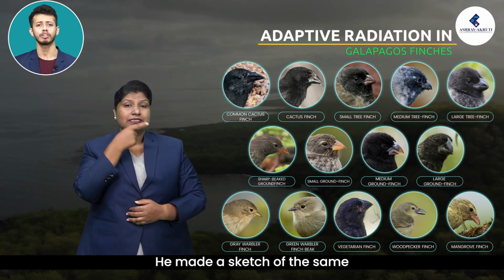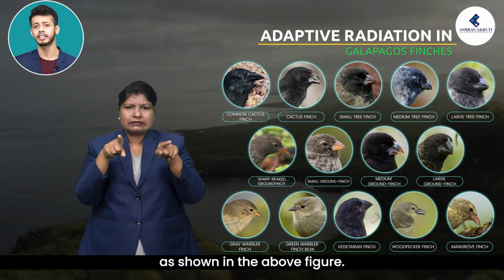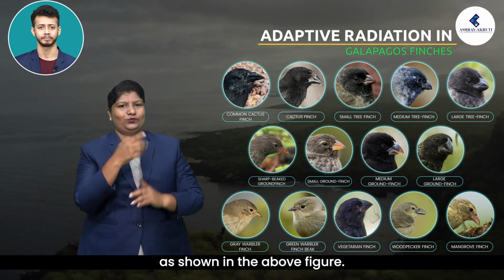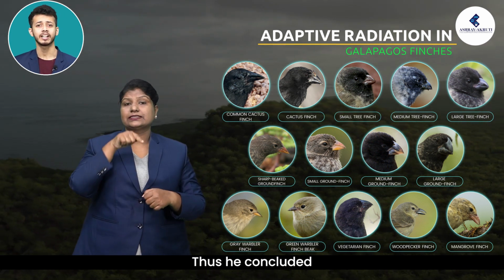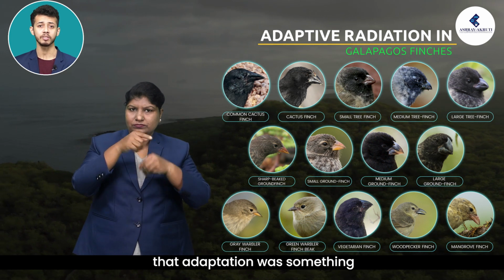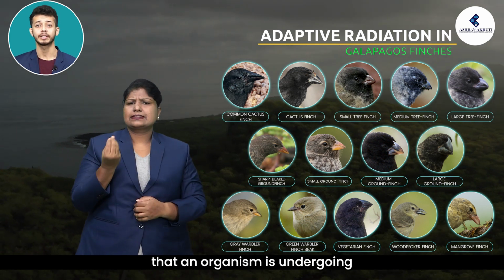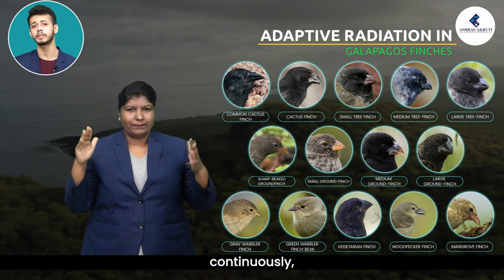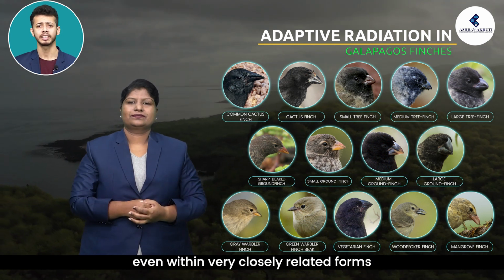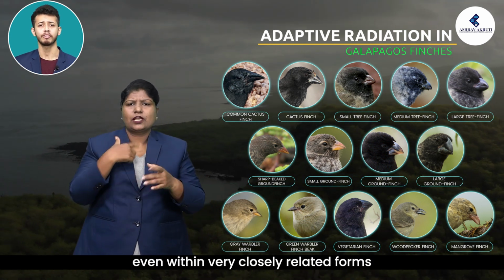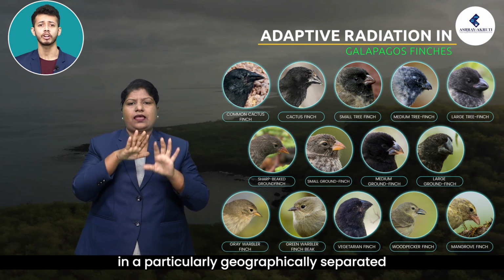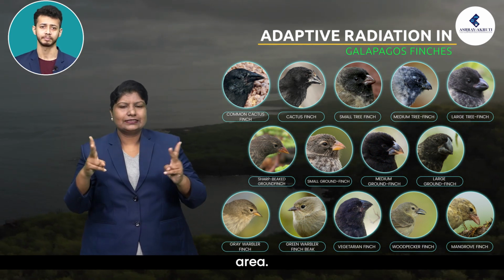He made a sketch of the same as shown in the above figure. Thus, he concluded that adaptation was something that an organism is undergoing continuously, even within very closely related forms in a particularly geographically separated area.